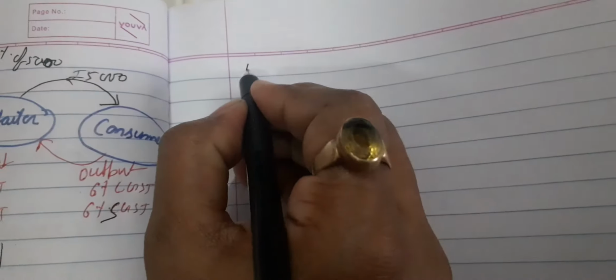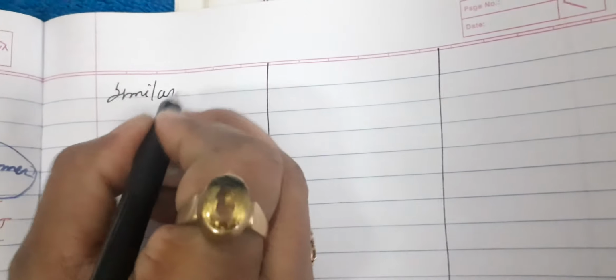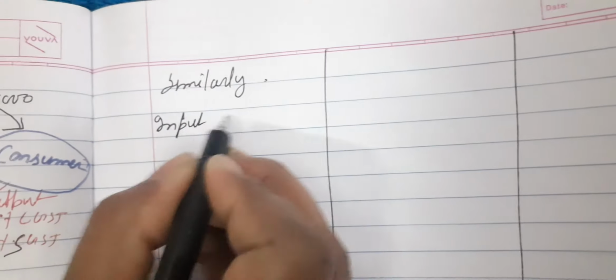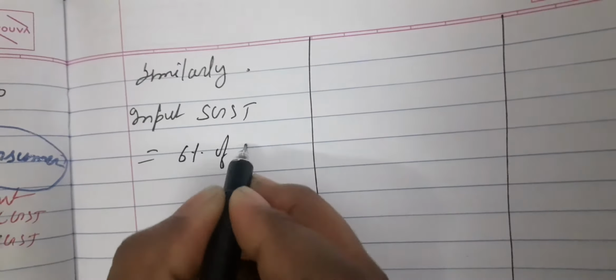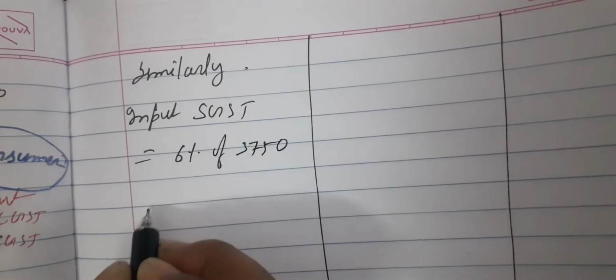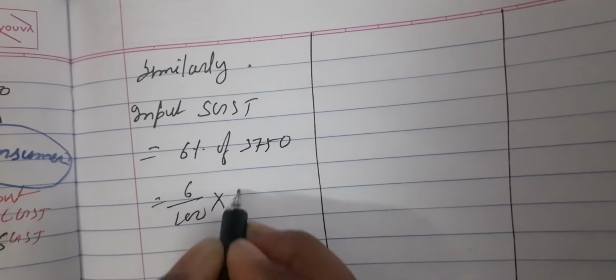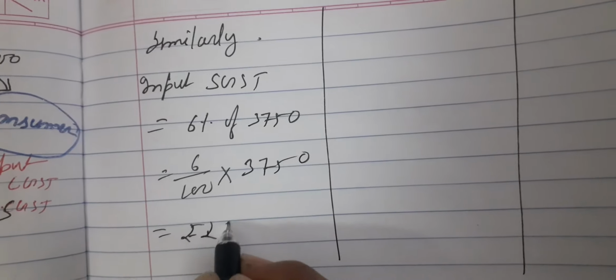Please show this side. Similarly, in the 3rd part, input SGST is equal to 6% of 3750, that is 6 upon 100 into 3750, and this will be rupees 225.